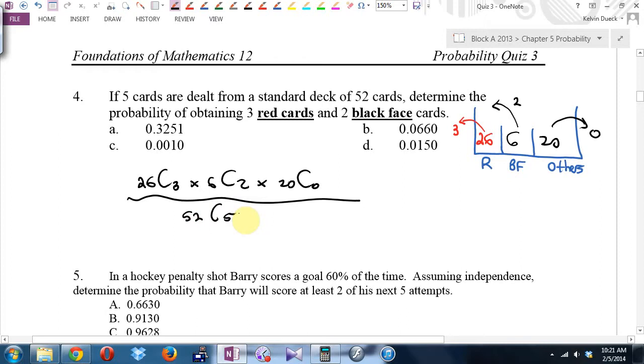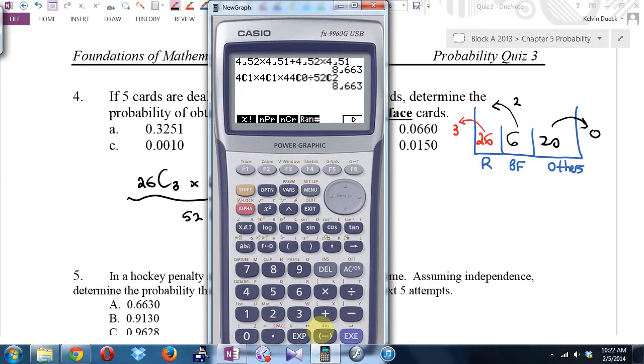And remember, our built-in error check, Jordan, is front plus front plus front equals front, back plus back plus back equals back. Which is why I always do write that, even though it doesn't make a difference to the actual calculation. I love the symmetry. It does give me a lovely built-in error check. 26, choose 3, and 6, choose 2, and 20, choose none, over 52, choose 5.